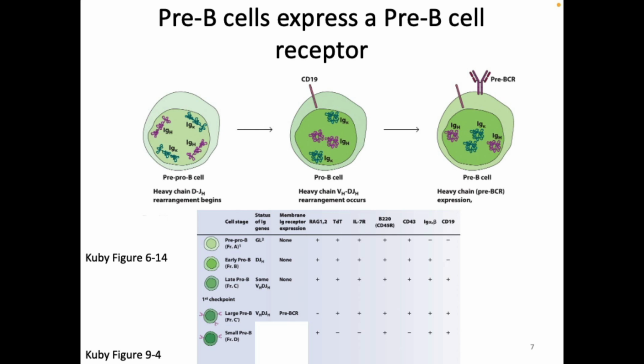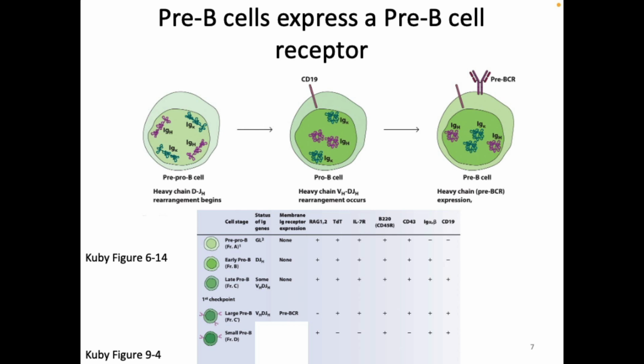But a lot of those functions of the pre-B cell are really based on whether or not the pre-B cell gets a signal through the pre-B cell receptor. And so we have to think a little bit about what's going on with the pre-B cell receptor and how it might get a signal.